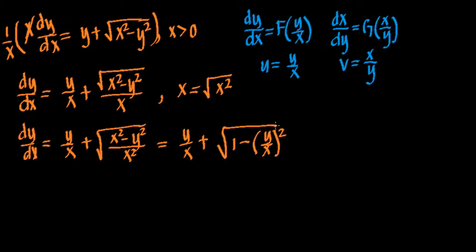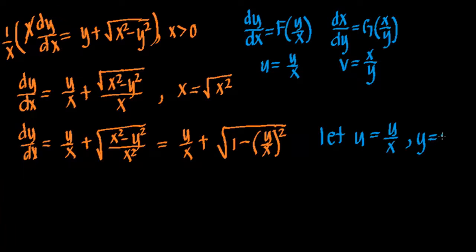Now, we can notice that our expression has y over x on the right-hand side and the left-hand side is in the form of dy over dx, so we'll use the first one and let u is equal to y over x, and also y is equal to u times x.